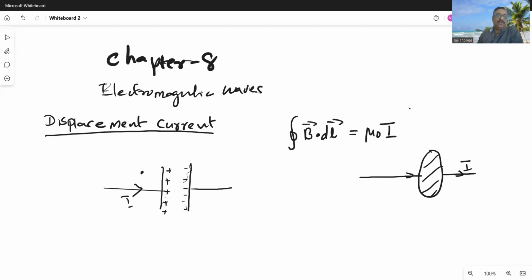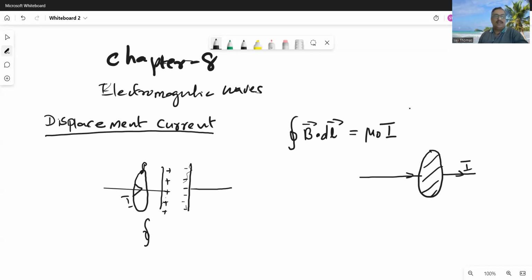Imagine a point P. You consider a circular closed loop like this. We are going to find the magnetic field at the point P. The plane of this circle is the open surface, and current is passing through it. Now we can apply Ampere's circuital law.